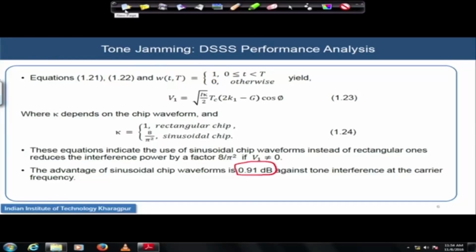In both ways, this equation gives you the indication of how you can minimize the effect of the jamming signal in the receiver. So, the code and the chip waveform for that code play a very important role in this regard.